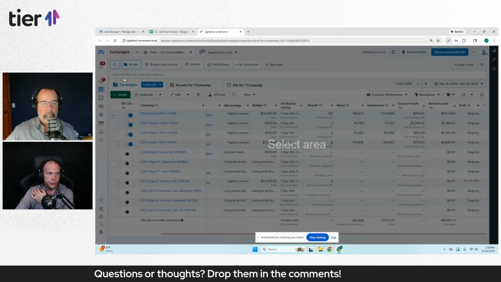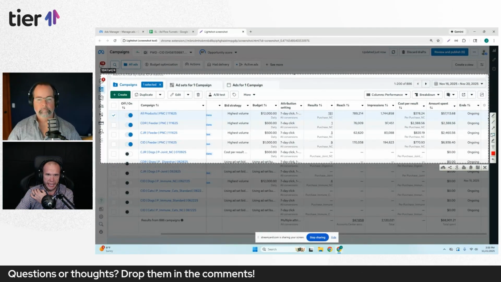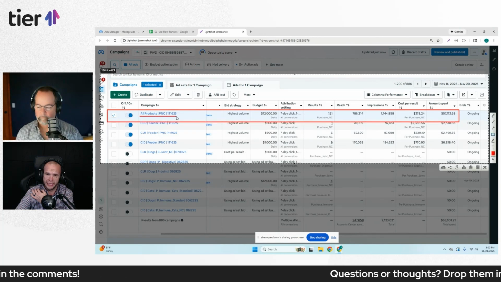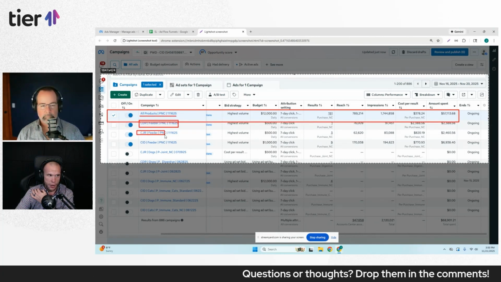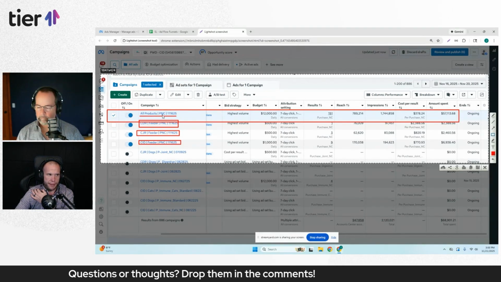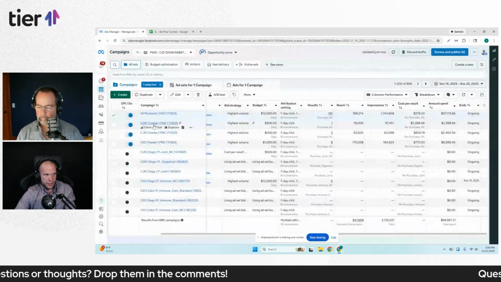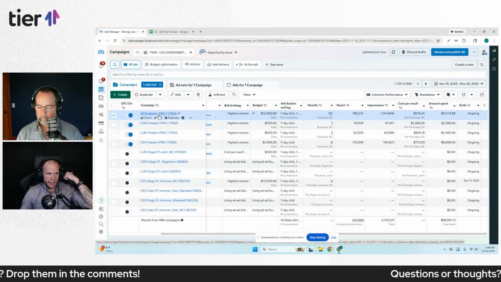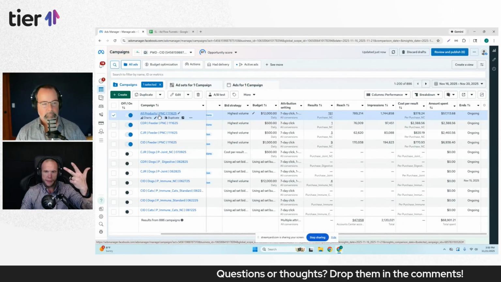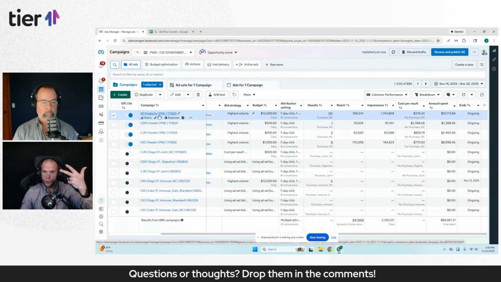What we're attempting to replicate is kind of like a massive one big campaign with all of our products in it for lead generation, and then a bunch of small feeders. So essentially, this one campaign has, as an example, digestion, joint, and immune pills or supplements for dogs and cats.